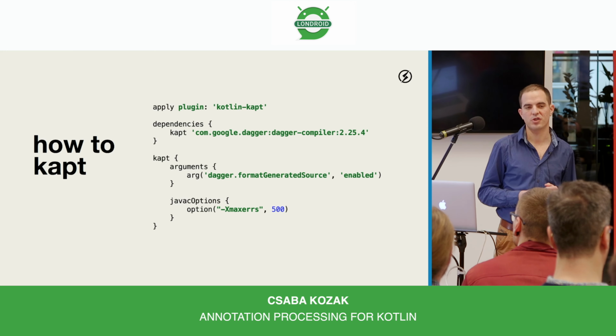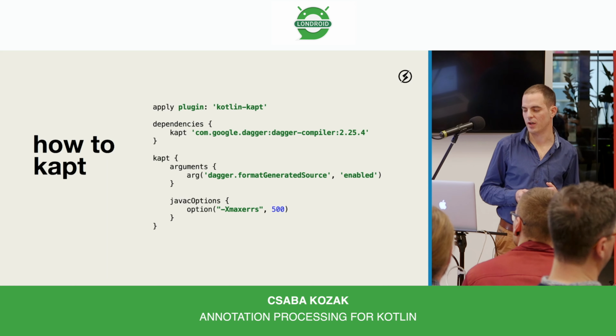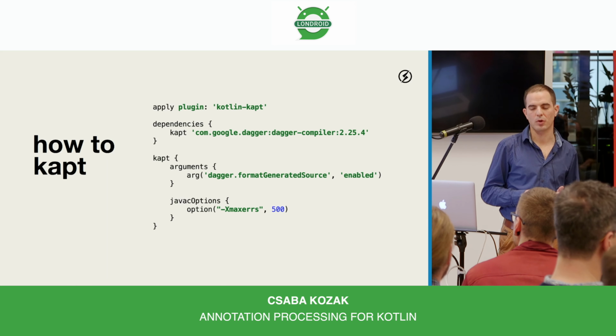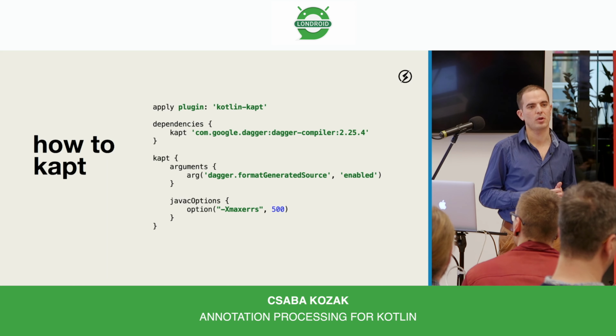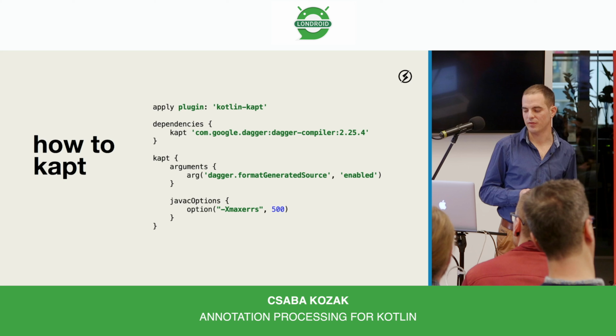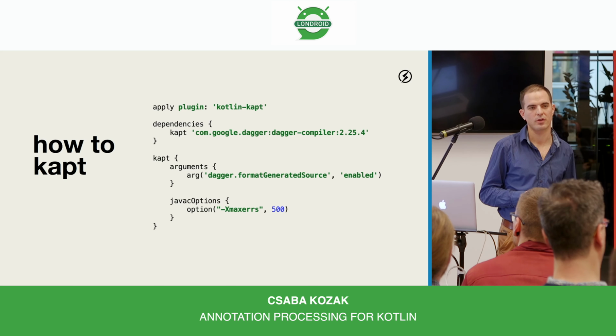Also, if the annotation processors have options, like we've seen previously, you can pass options to them using the arguments block. Also, it is wise to set the javac option -Xmaxerrs to a very big number.